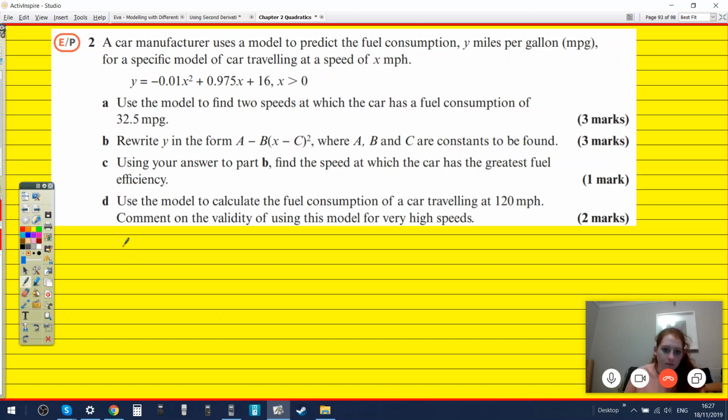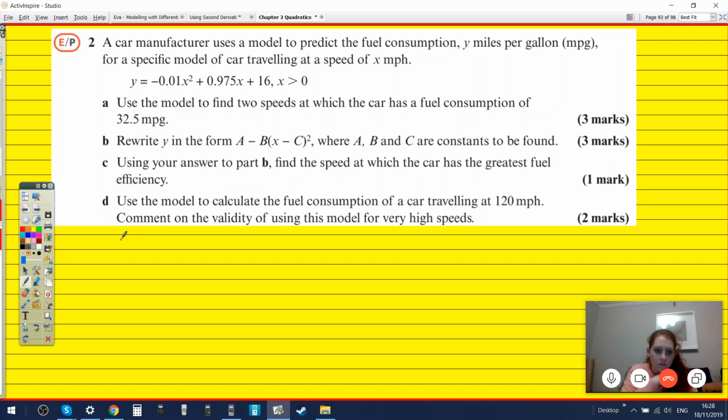This one, it's very similar to what we did. Use the model to find two speeds. That's very similar. Find the speed at which the car uses the greatest fuel. Okay, use one of those kinds. Part D is a good one.